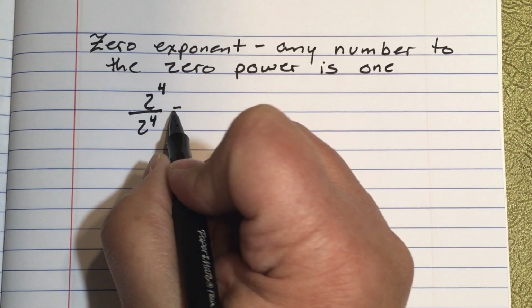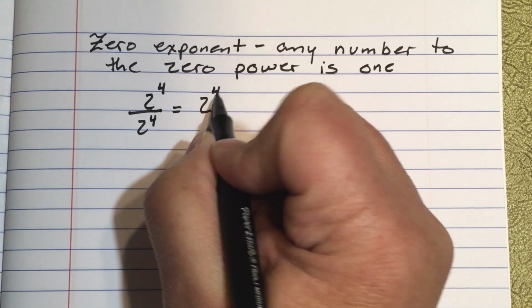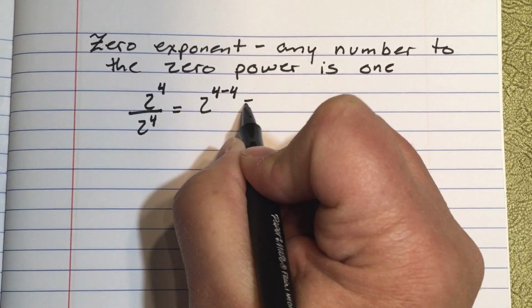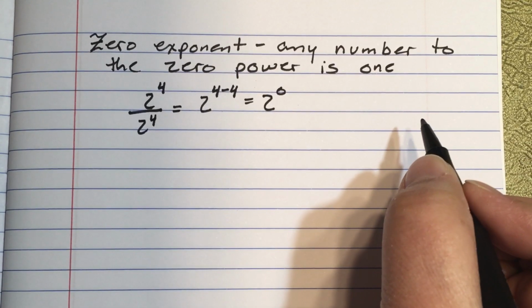Now, if I were to apply the quotient rule, I would do 2, and it would be 4 minus 4, and I would get 2 to the 0 power. Cool.